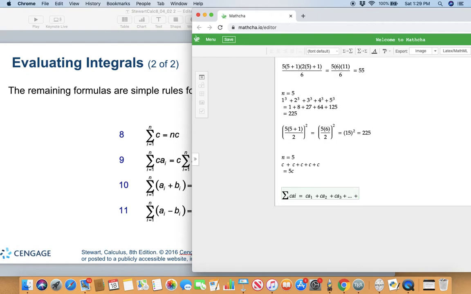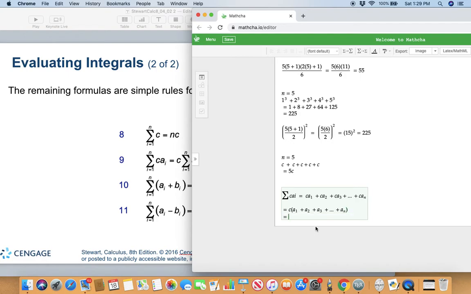right? Suppose you are going until n, then c a sub n. Well, that's same as saying get the c out, common factor: a sub 1 plus a sub 2 plus a sub 3 plus dot dot dot plus a sub n, right?